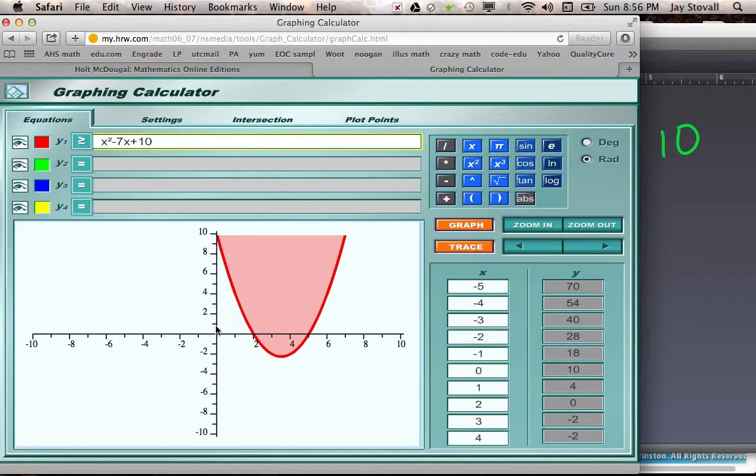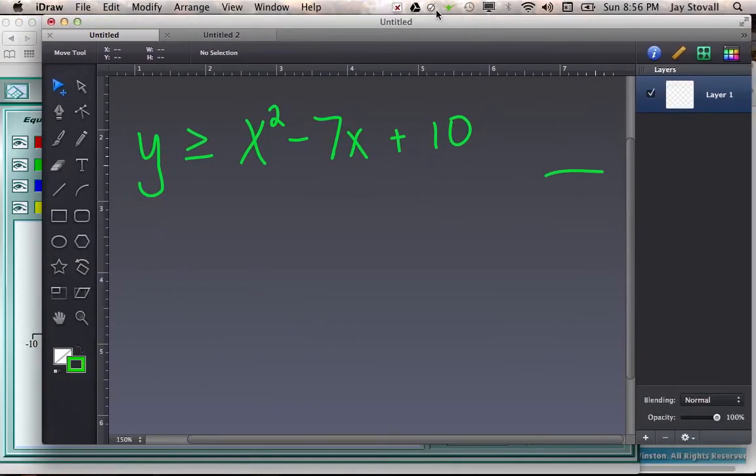We might pick a point like 4, 2, which is clearly in the shaded region, and then verify it by plugging 4, 2 into the inequality and checking it algebraically. We believe 4, 2 is one ordered pair that satisfies this inequality, so we plug it in.